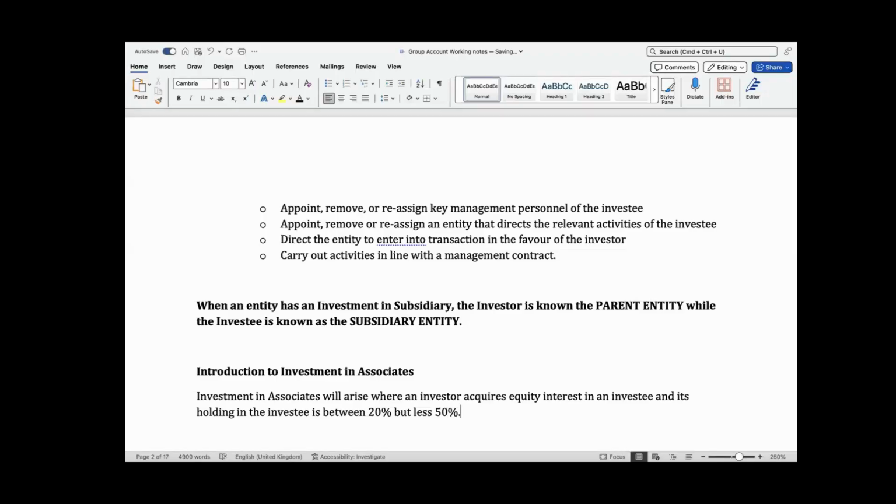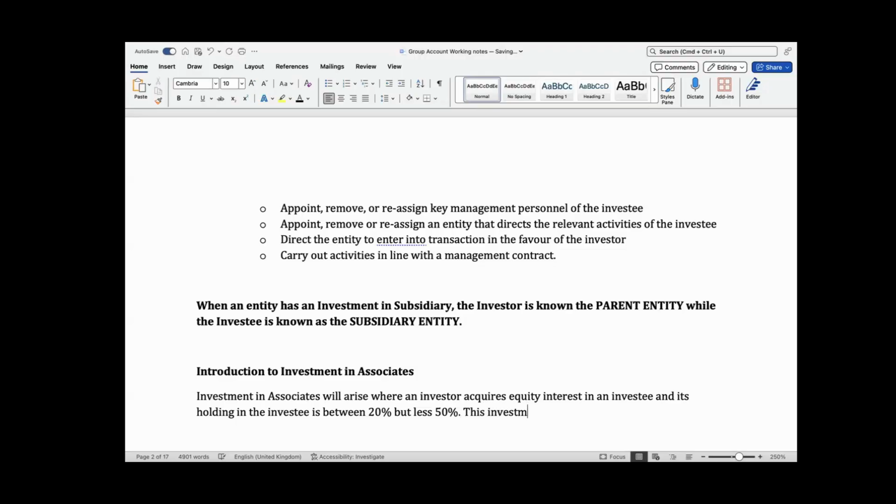It's between 20% and 50%, but it should not be up to 50%, less than 50%. Then that is an investment in associates.